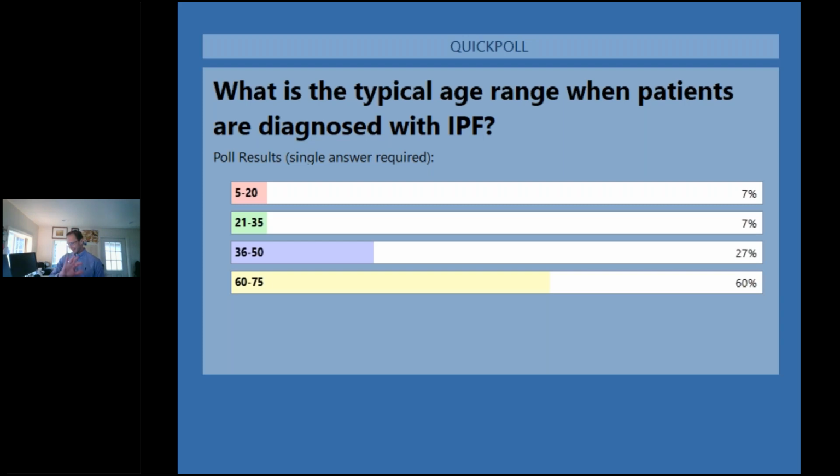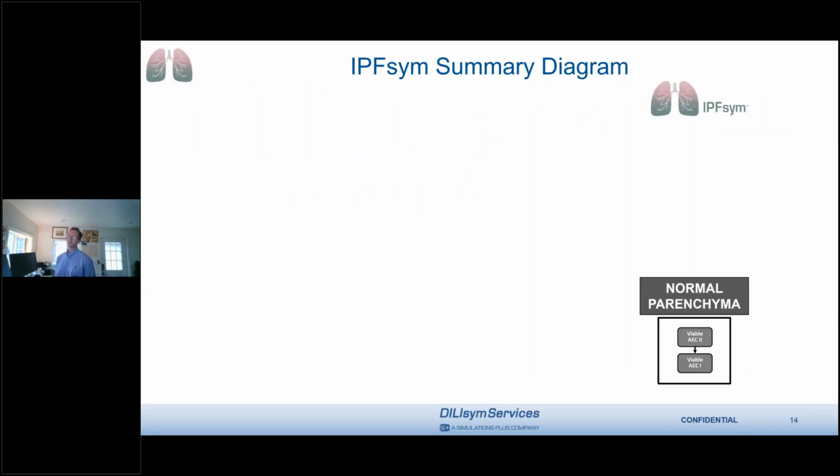Okay, so I gave you a bit of a background on both the clinical and the pathophysiologic aspects of IPF, and all of that information really contributed to some critical design decisions for our development of IPF Sim. And so now let me, in diagrammatic form mostly, recapitulate those concepts within the form of IPF Sim.